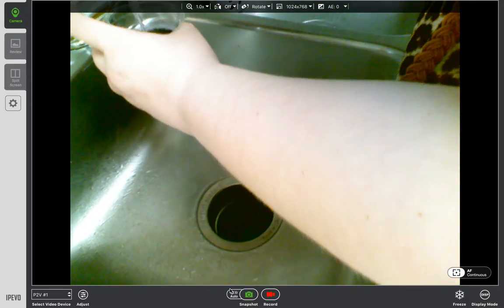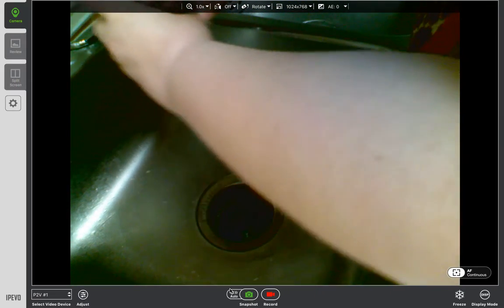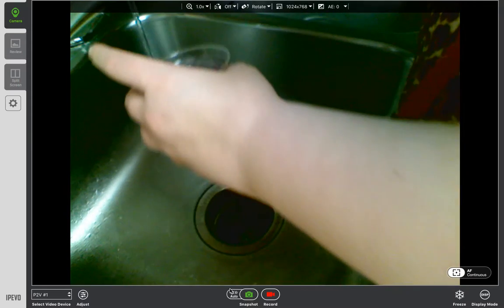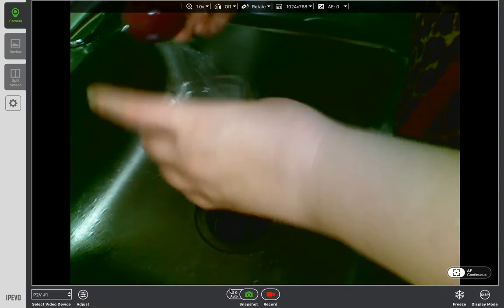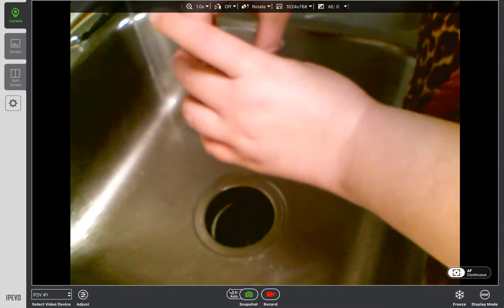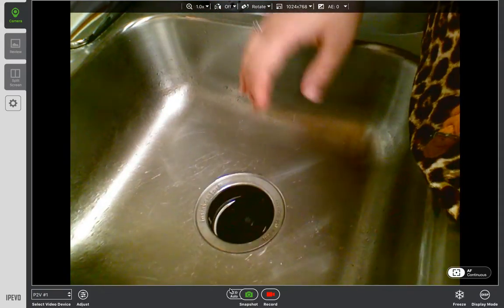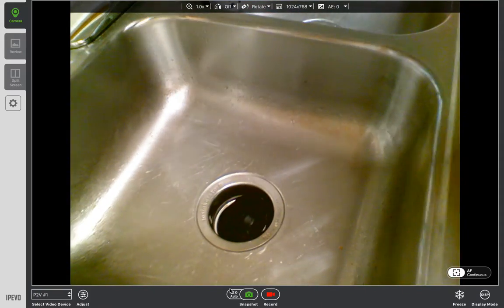Look at that. Okay, so you want to pretty much get your egg, give it a real good rinse off, and just for me, I'm going to set it back in there and rinse off my hands here real quick.